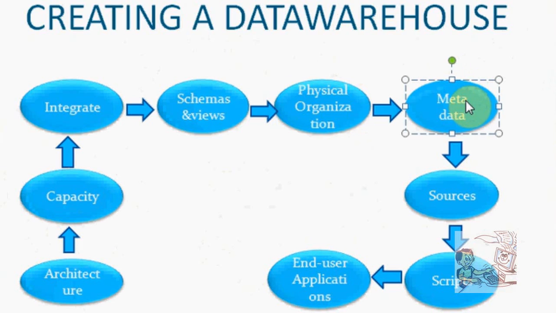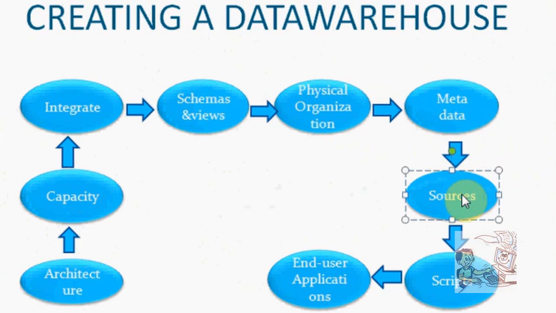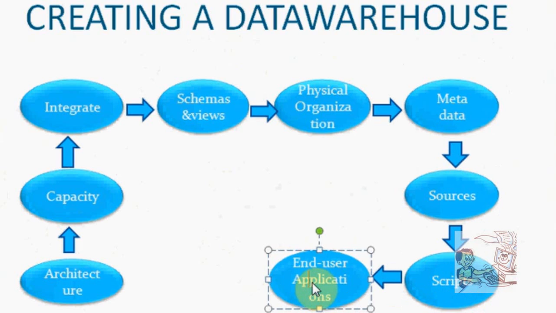Then the sources, the connections and importing the sources and targets, then writing the scripts to migrate the source data into the target, and finally the end user application, where reporting starts. So this is the process we follow to create a data warehouse.